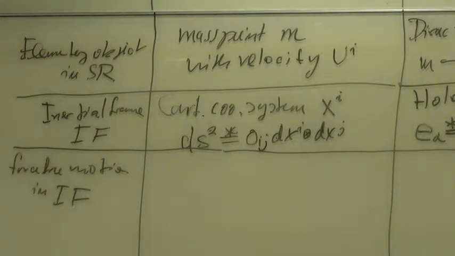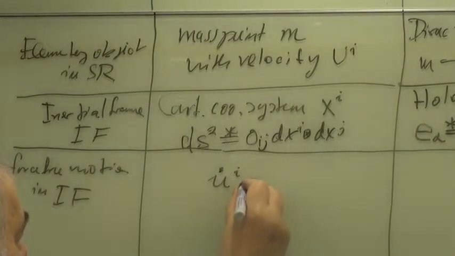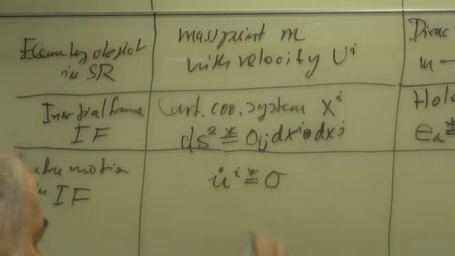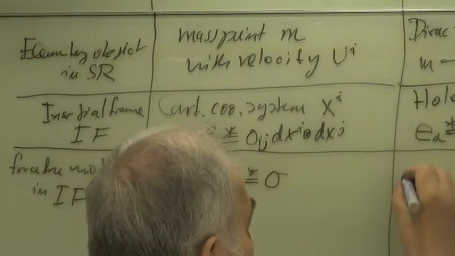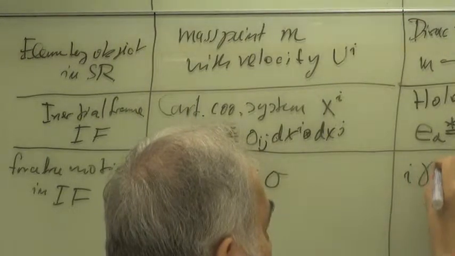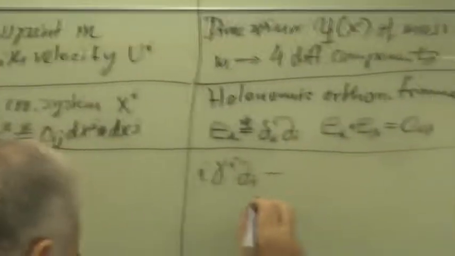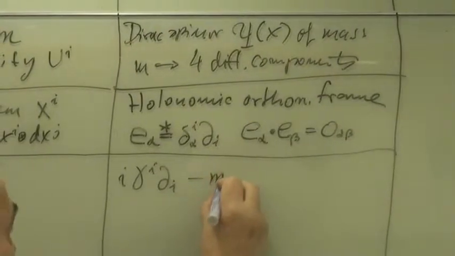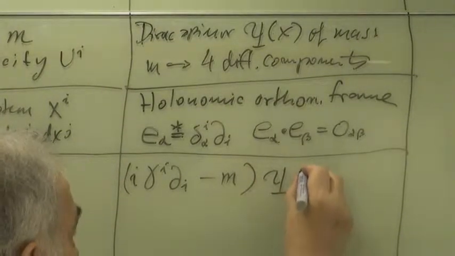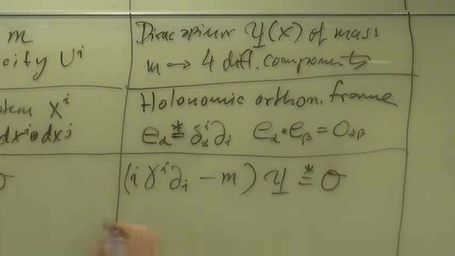Of course we know if there is no force, the acceleration of this particle, u^i dot, where the dot refers to the proper time, is equal to 0 in this frame. And of course, the Dirac equation, (i gamma^i partial_i minus m) applied to psi, is equal in this frame to 0.